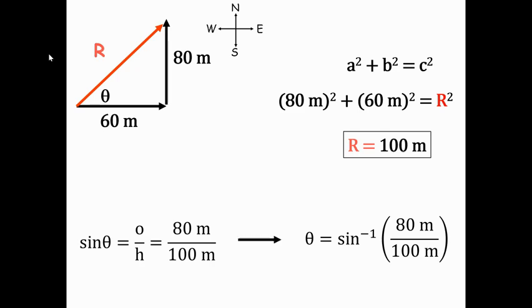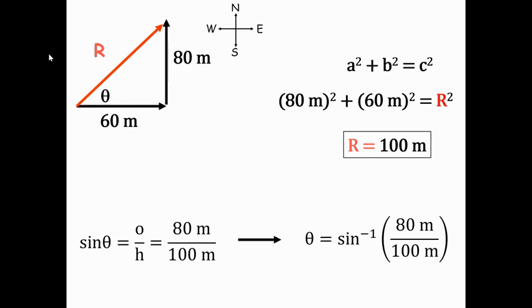From here, I can use any one of the trig formulas to solve for the angle theta. In this case, I chose to use sine. First, I start out by writing the equation. Sine theta equals opposite over hypotenuse. The side opposite my angle theta has a magnitude of 80 meters, and my hypotenuse, which I just solved for as r, has a magnitude of 100 meters.